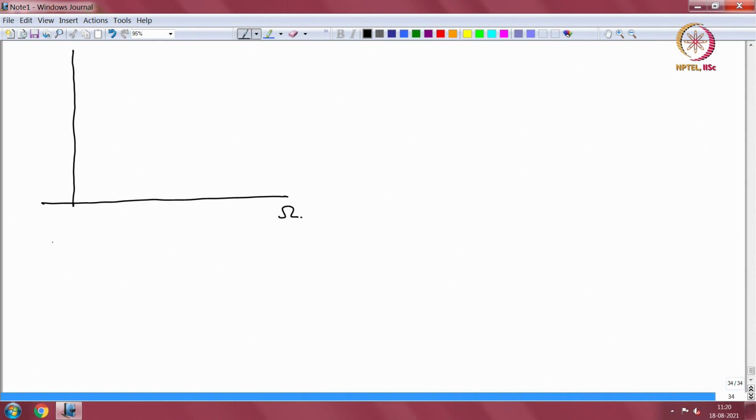Let us look at xi to the power 4 by omega square minus 1 equal to 0, which implies that xi is equal to square root of omega. So this is the non-dimensional flexural wave in the plate. It will look like this. This is the flexure.